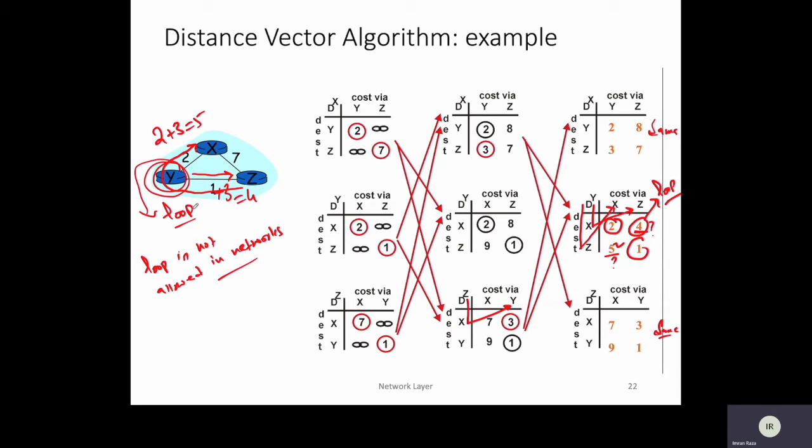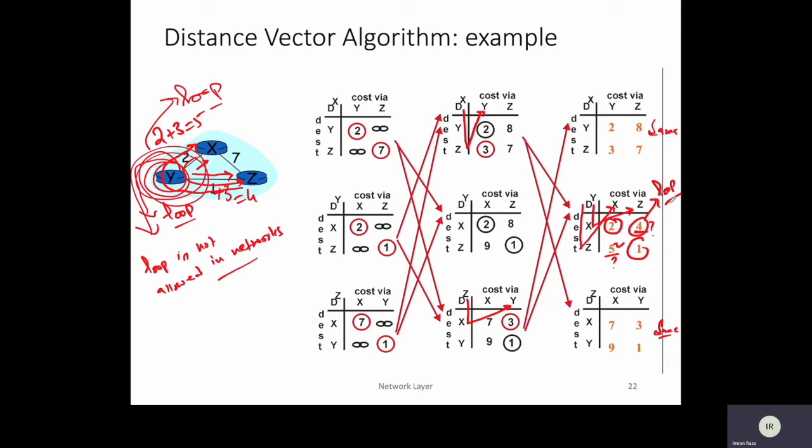This again involves a loop. If this path is selected, Y will first send the message to X, and then at X we see the cost to reach from X to Z is 3, which is the shortest cost via Y. So if Y selects this path, Y sends the message to X, and X will send it again to Z via Y, and again there is a loop at Y. This can create a problem in terms of convergence, the number of iterations required for the convergence of the algorithm.